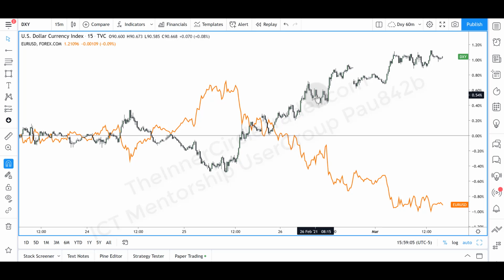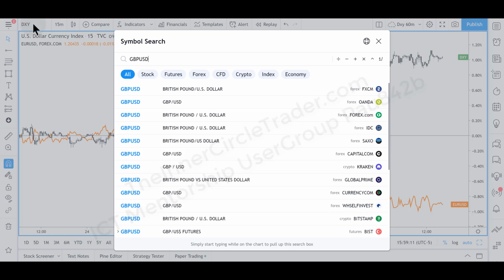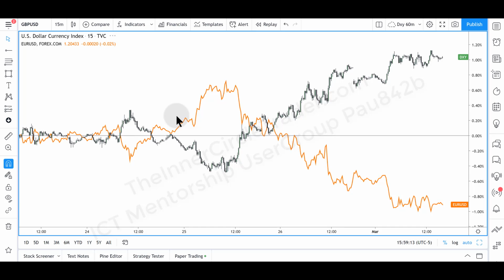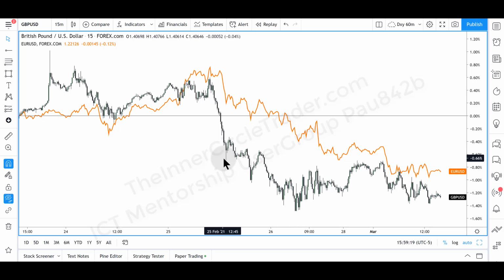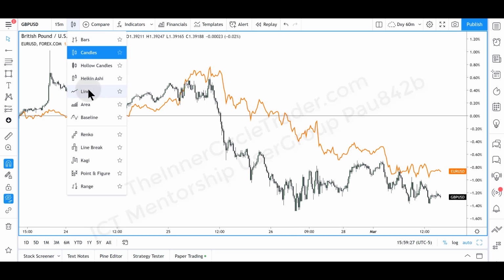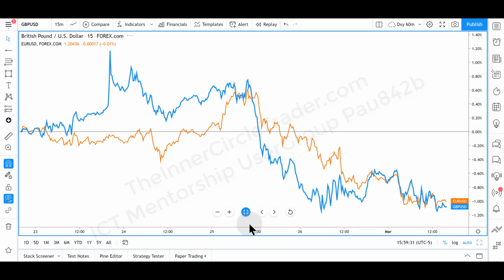Now, if you want to do correlated pair SMT divergence, which is like you want to do GBP USD, forex.com. And let me take these annotations off. So we have now an overlay of euro dollar with British pound. So you can change British pound price to a line chart too. And scrunch this up a little bit.